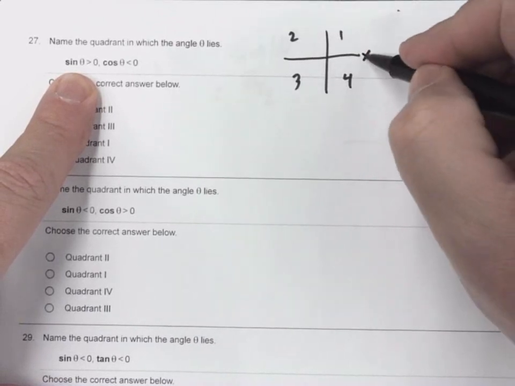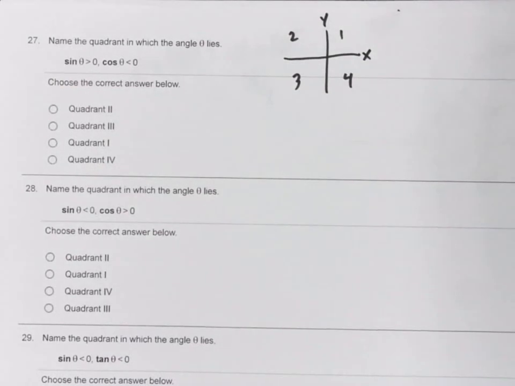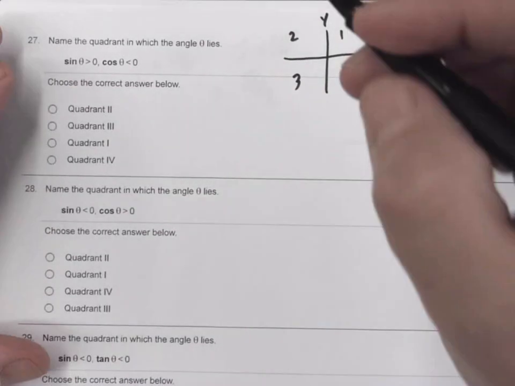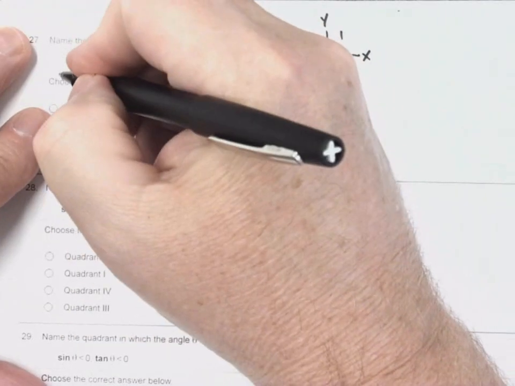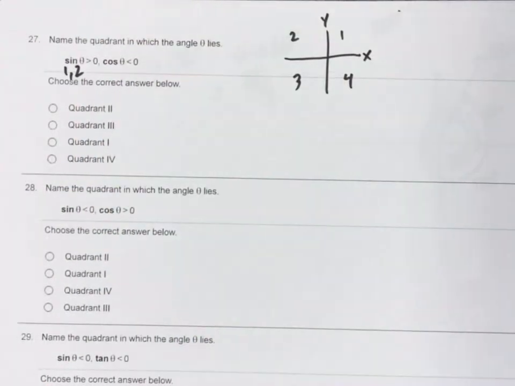So of these 4 quadrants, what are the quadrants where the sine, or where y, is positive? Well, obviously, quadrant 1 and 2. So according to this first inequality, I've now figured out that theta has to be either in quadrant 1 or quadrant 2. But of course, the question says which quadrant. So which one should it be, 1 or 2?